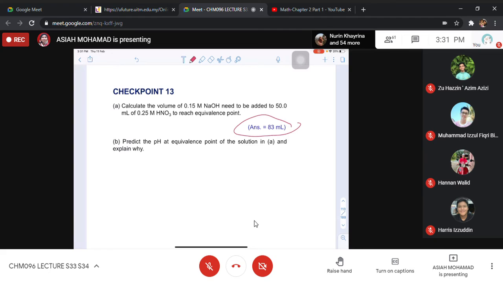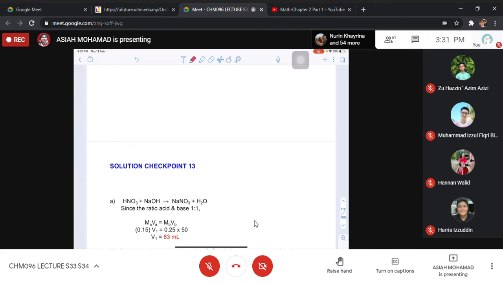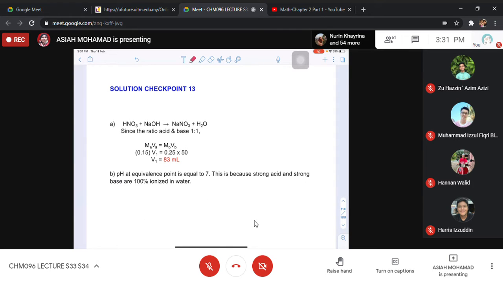The pH will be 7 because strong acid and strong base are 100% ionized in water, or you can say the salt produced is a neutral salt where the two ions will not further hydrolyze in water. So the pH will be neutral, 7.